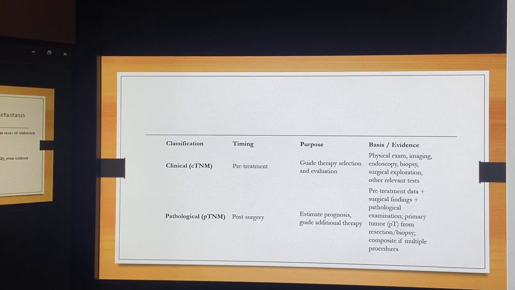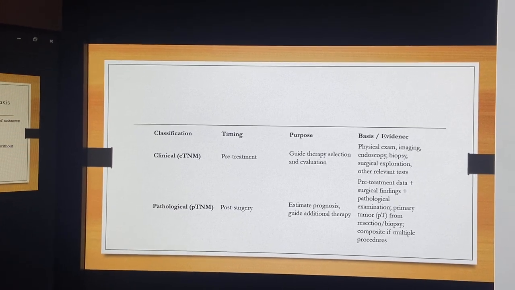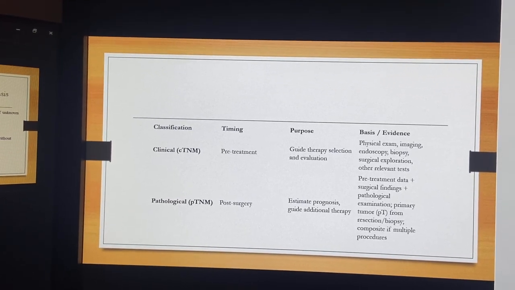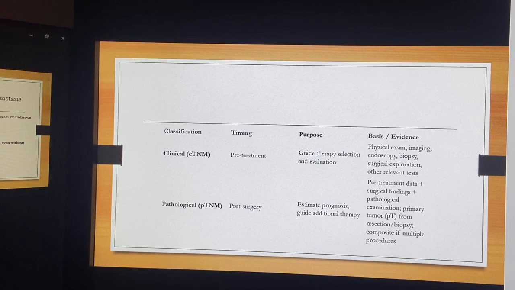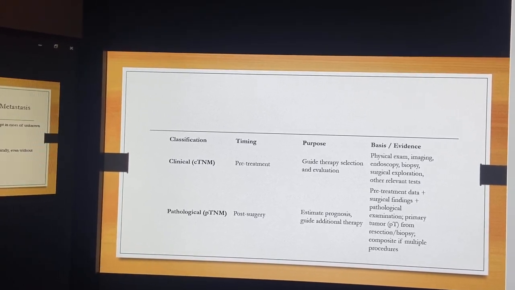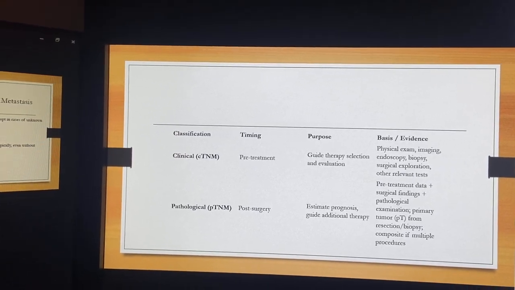And pathological classification incorporates surgical and histopathological findings. The pathological T category must be supported by adequate resection or biopsy, and if more than one surgery is performed, the final pathological TNM classification must reflect all specimens.